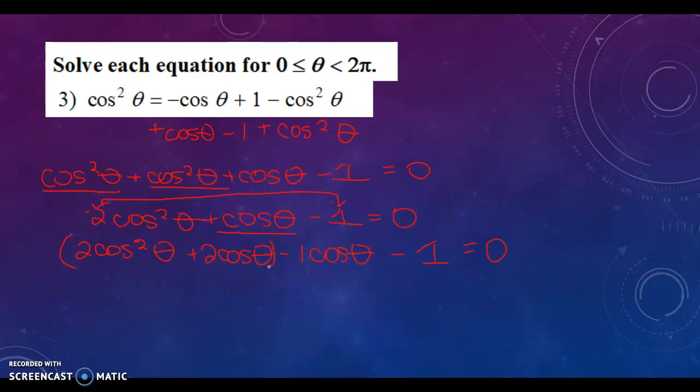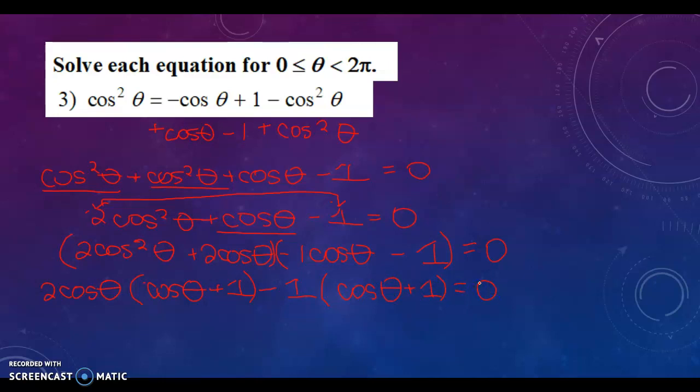Well, I can factor out a 2 cosine theta from both of those. So when I factor out that 2 cosine theta, I'm going to be left with cosine theta plus 1. All right, now I look at my other two and I'm going to say, all right, what can I factor out of a negative cosine theta and a negative 1? Well, the only thing I can factor out would be a negative 1. So I'm going to go negative 1, and I end up with cosine theta plus 1.